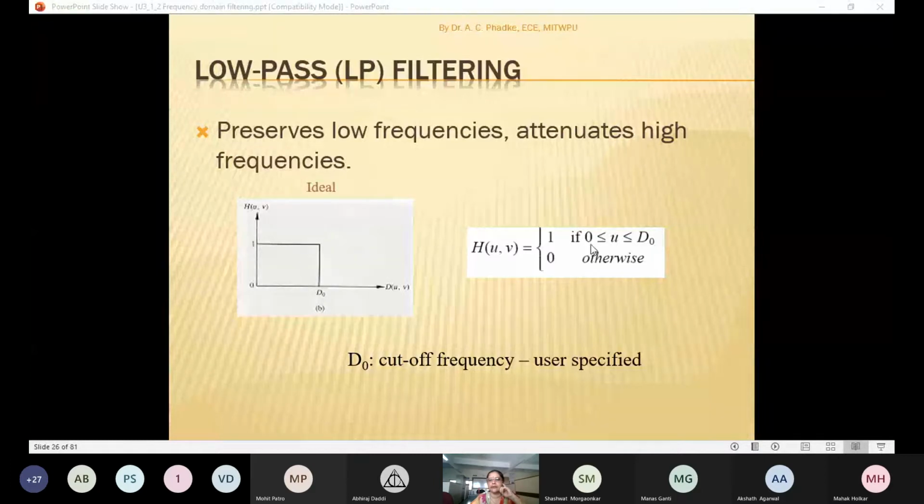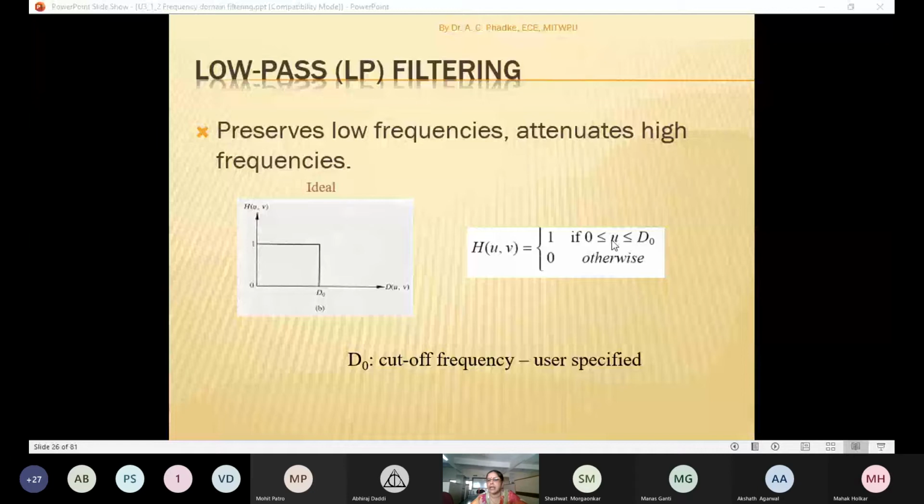So as shown here, this ideal low pass filter function H(u,v) is equal to 1 if D(u,v) is less than or equal to D0, that is, when the value is between 0 and D0, the output is 1, and when it is outside D0, the output is 0.